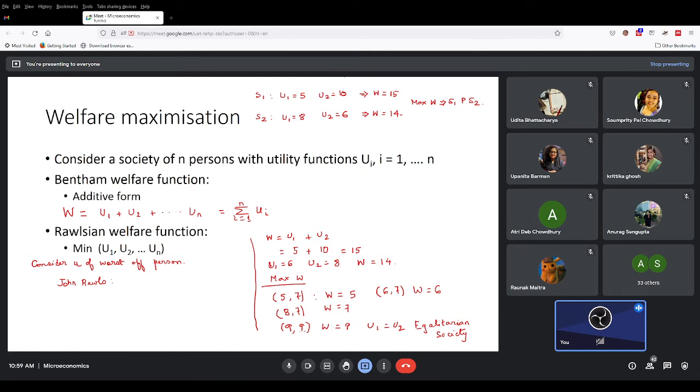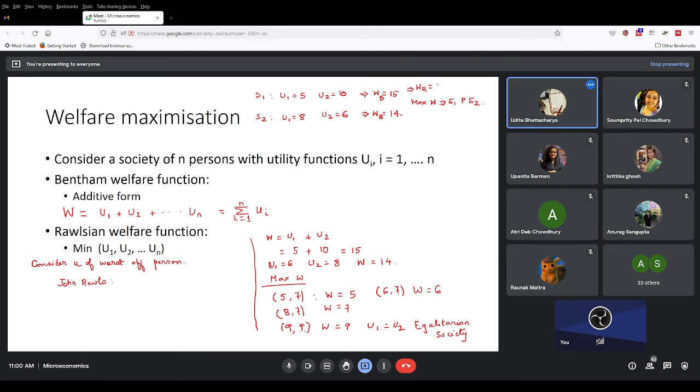So if you go back to our original example, if we use the Rawlsian welfare function, let me label this as WB. So this is a Benthamite utility. If I take the Rawlsian function WR, what is the welfare in this case? 5 and 10.